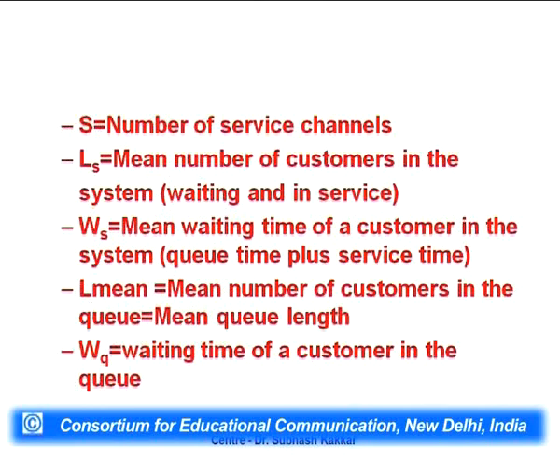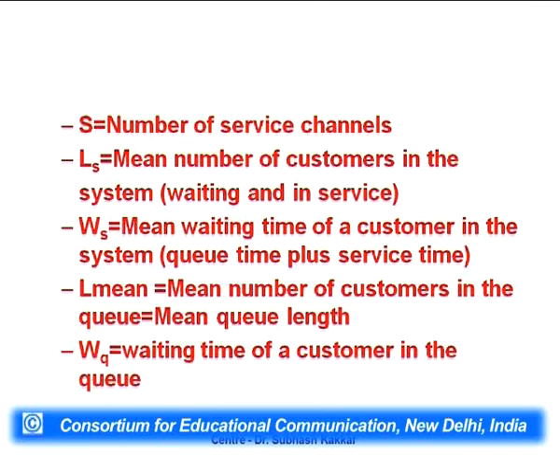S, number of service channels. LS, mean number of customers in the system, waiting and in service. Here we are talking about the system itself. There is a queue and there is a service center. People standing in the queue and people getting served together is called LS, which is the mean number of customers in the system.